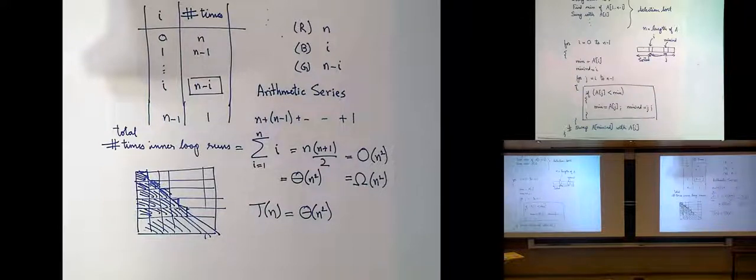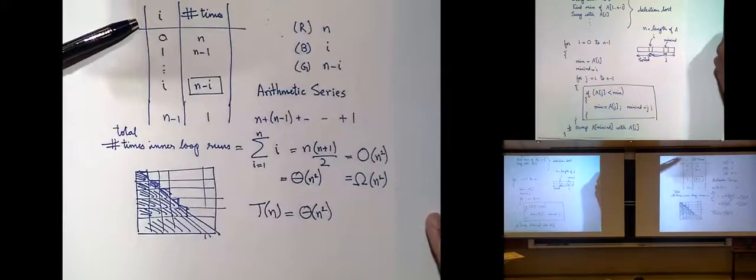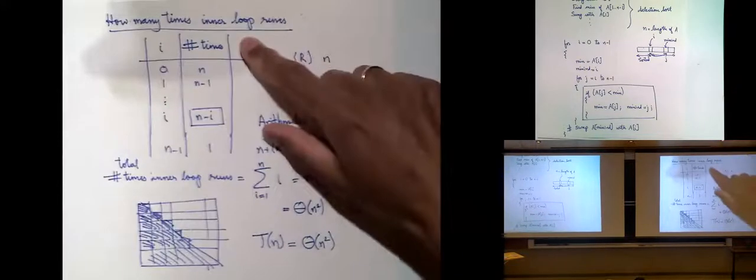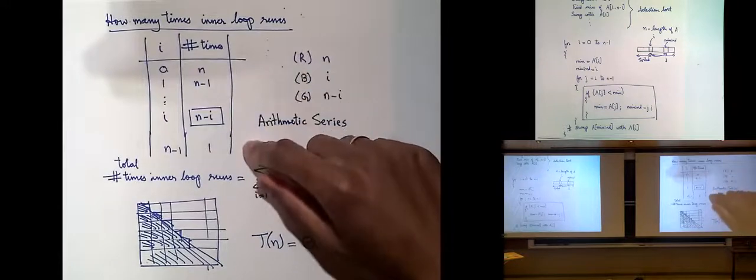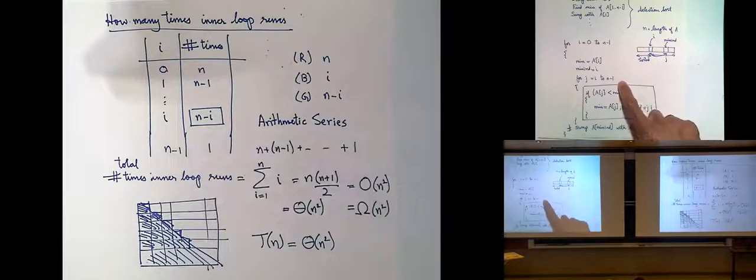Now what is interesting about selection sort is that this part here does not depend on the input. For all inputs, this loop is going to run because it has to find the minimum, so it just goes through everything. Good.